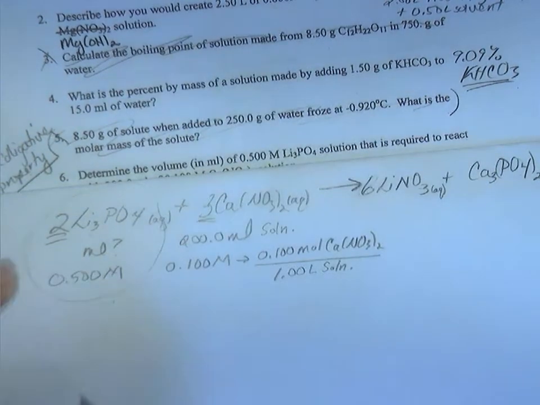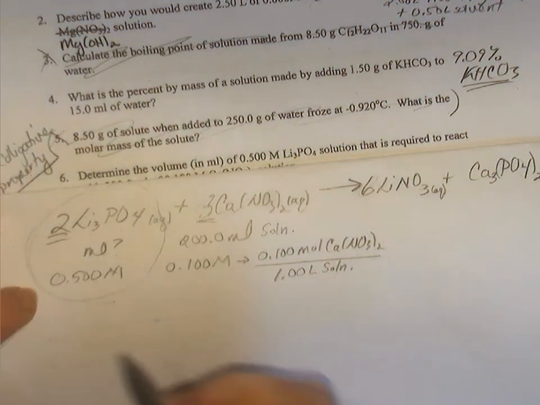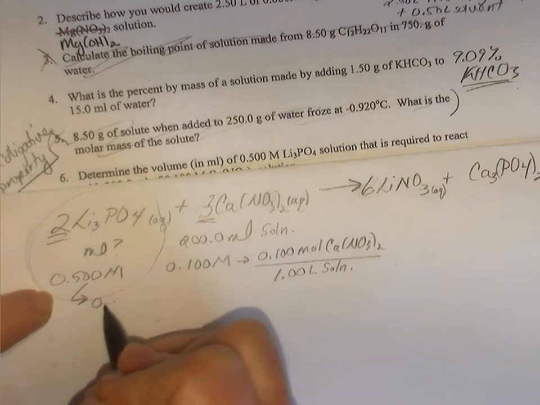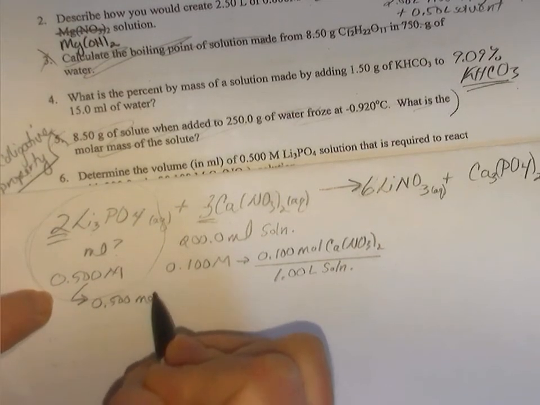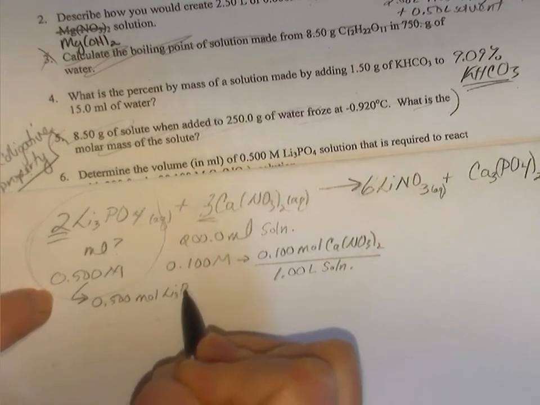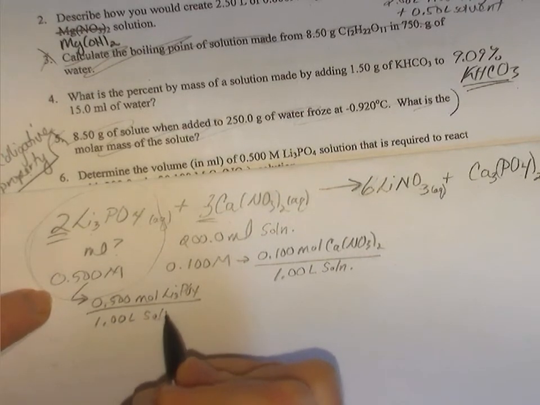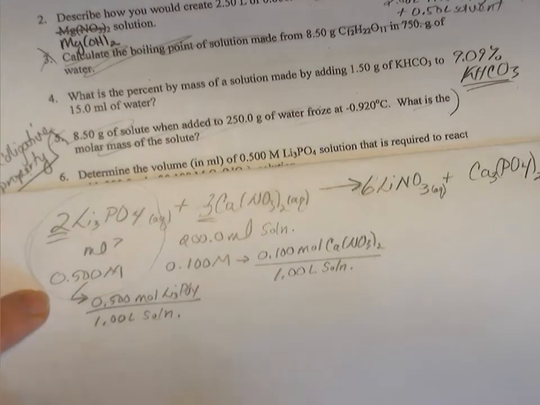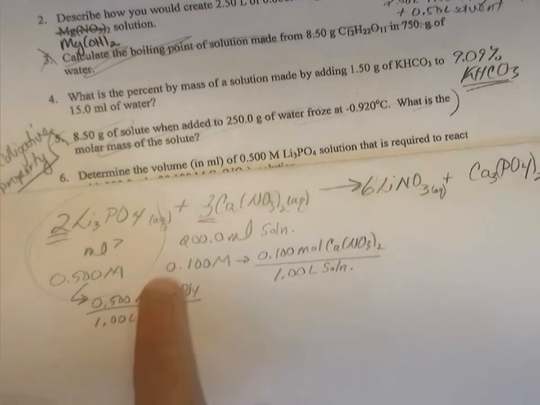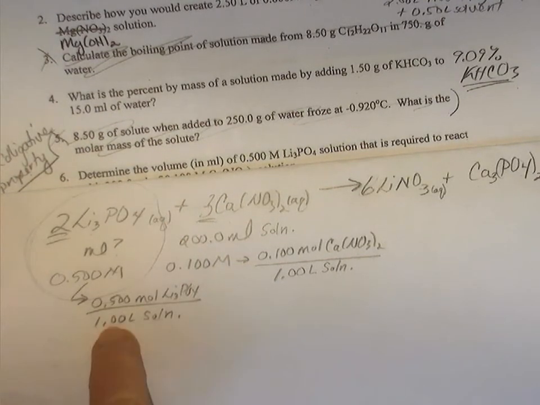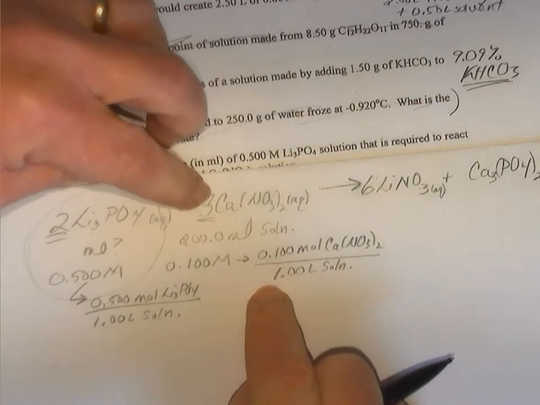I want to find the volume of this solution, and we know we can expand this as a conversion factor as well. Per 1 liter of that solution. Okay, because I want to find the answer in terms of this, I'm going to start in perspective of this.